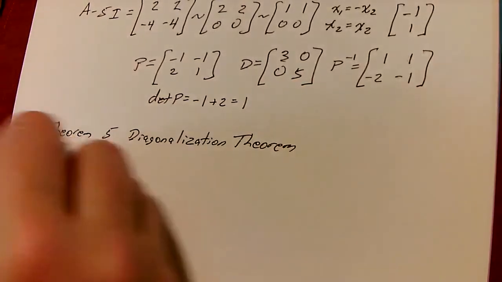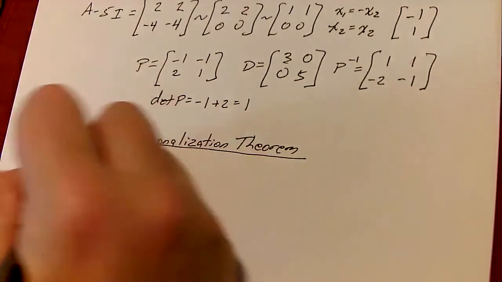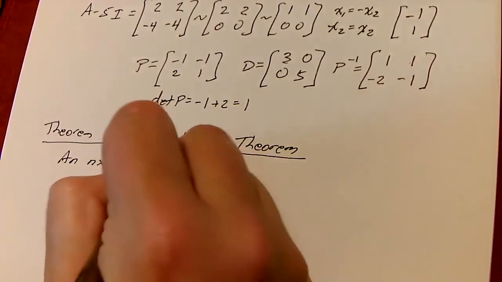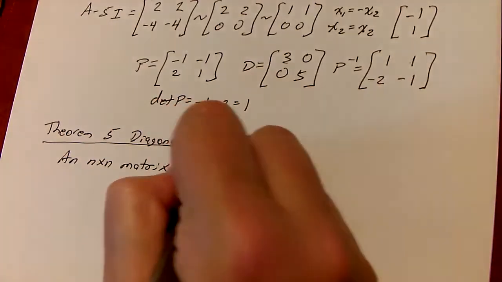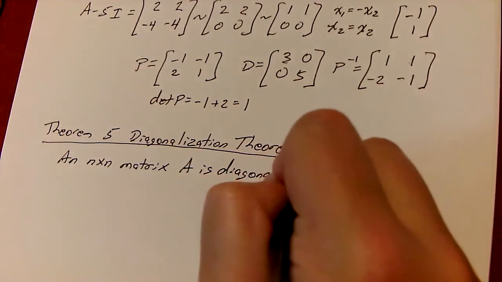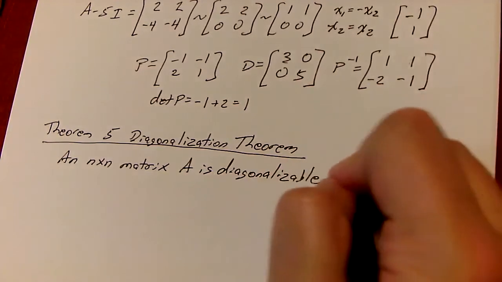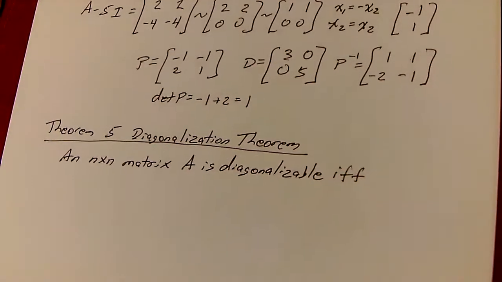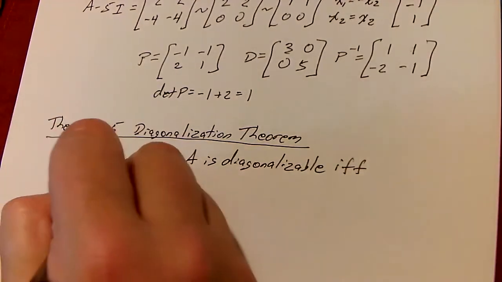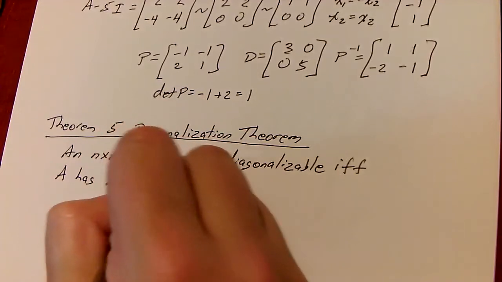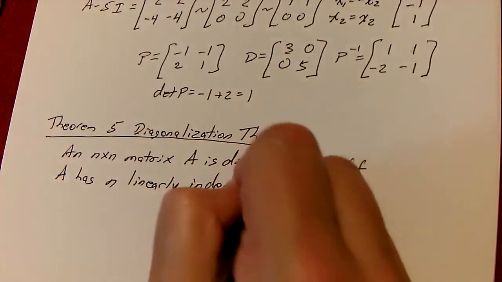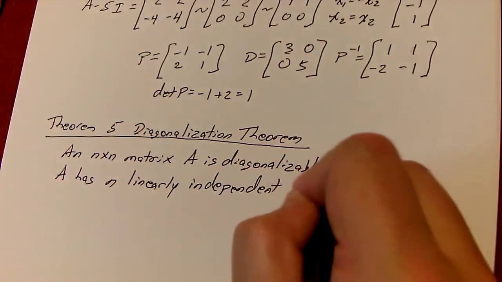It says an n by n matrix A is diagonalizable if and only if, remember the IFF is if and only if, the matrix A has n linearly independent eigenvectors.